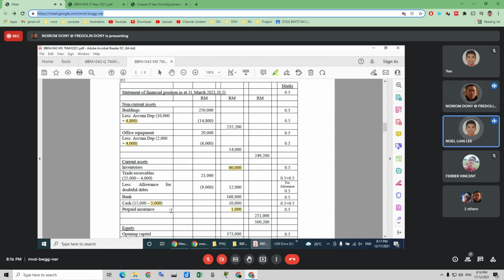This one is actually 1 mark, so we divide by 2, so 0.5, 0.5. So if your term here is wrong, then this will not earn any mark. You only earn the figure, you only earn 0.5. Okay, right.